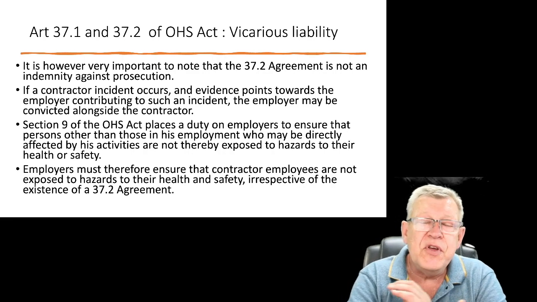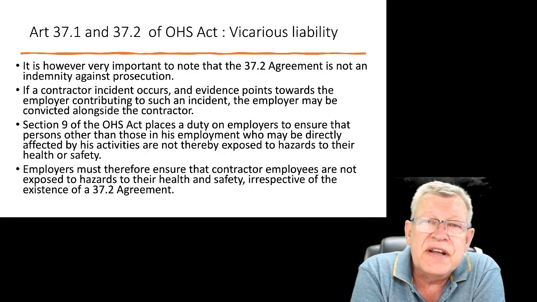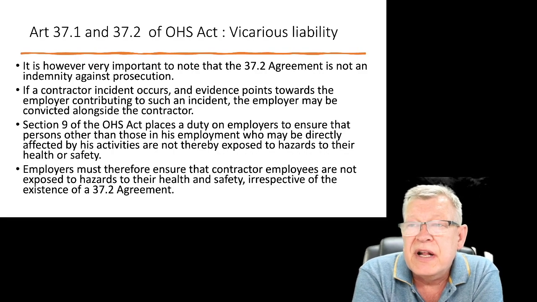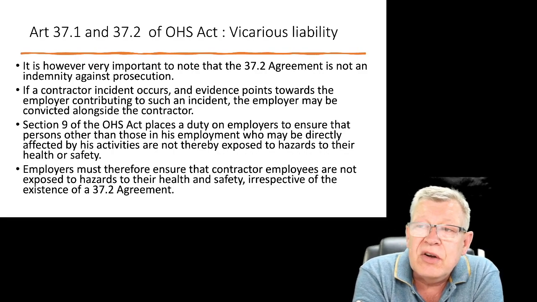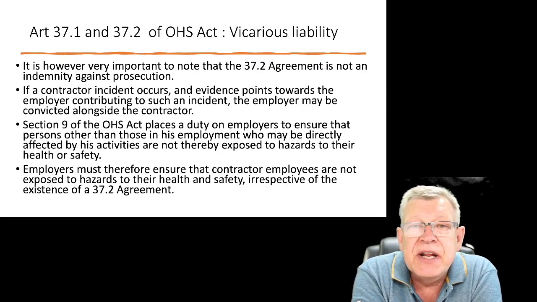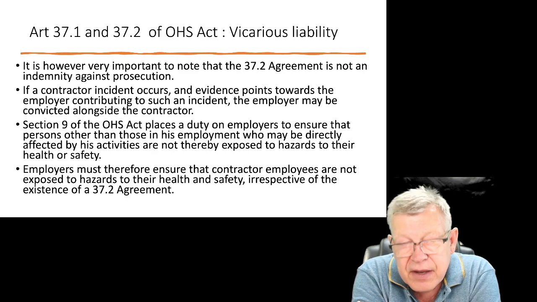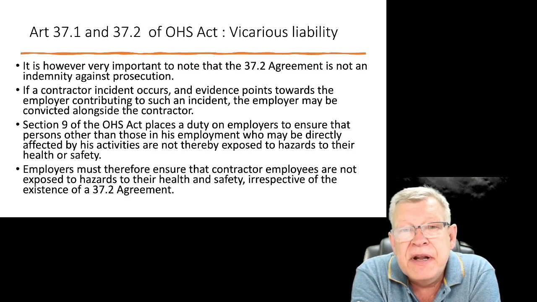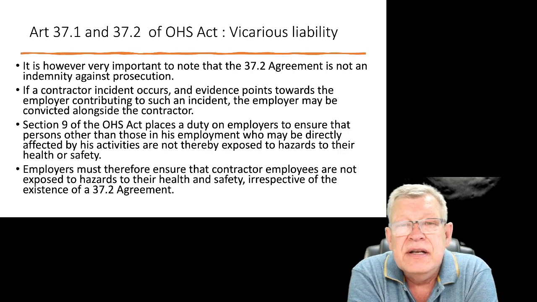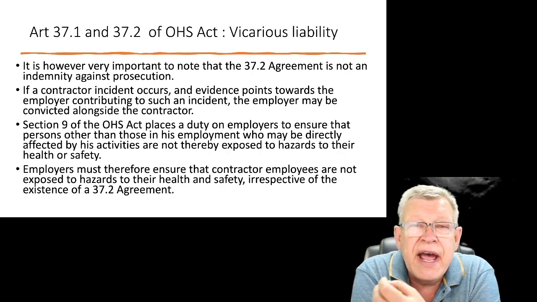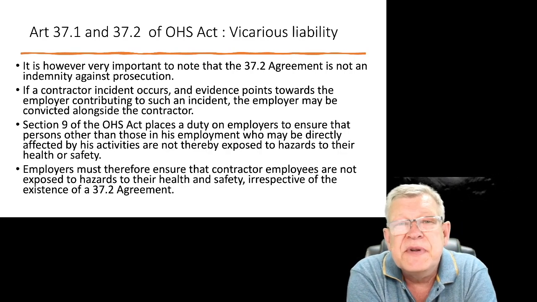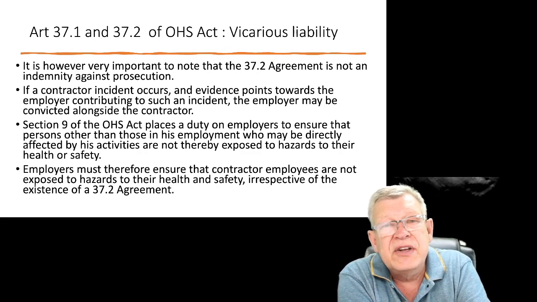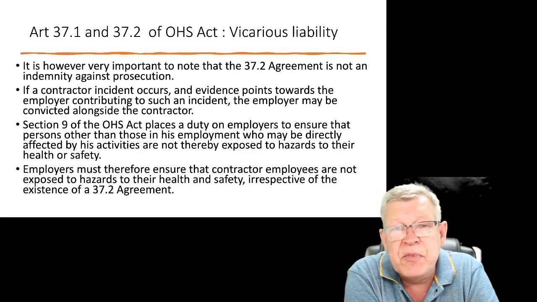Now, even if you have an Article 37.2 agreement with the client, it's not going to be an indemnity against prosecution. So what is going to happen if a contractor has an incident? The investigation will look at the health and safety management system for the contractor or the subcontractor.